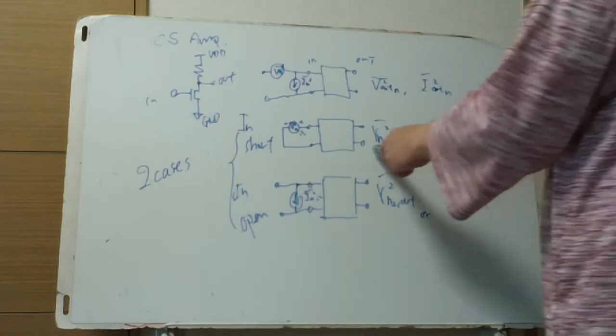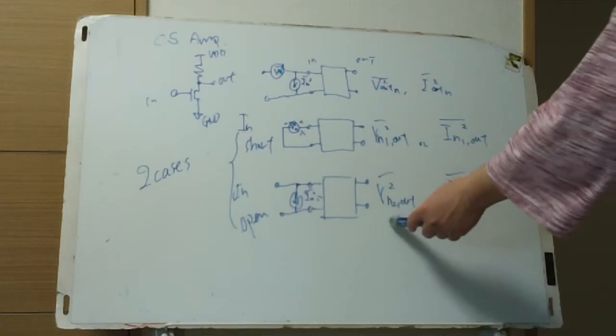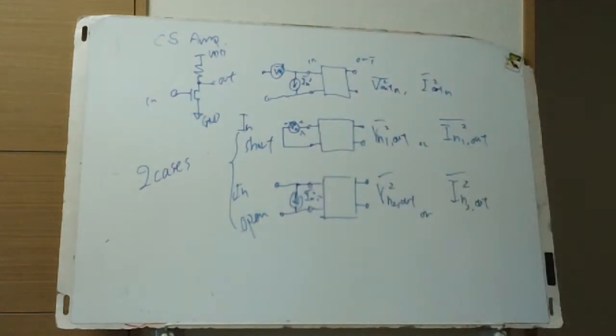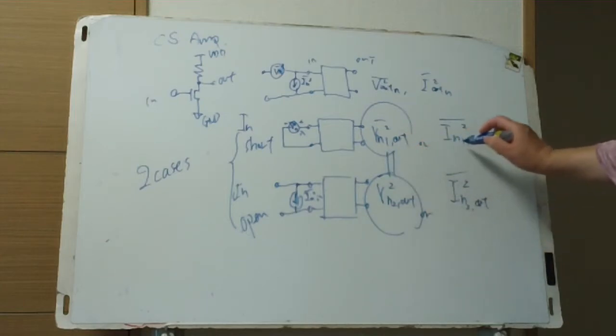Suffix 1 is for input shorted cases, and suffix 2 is for input opened cases. We use these models separately, and of course, these values must be the same.